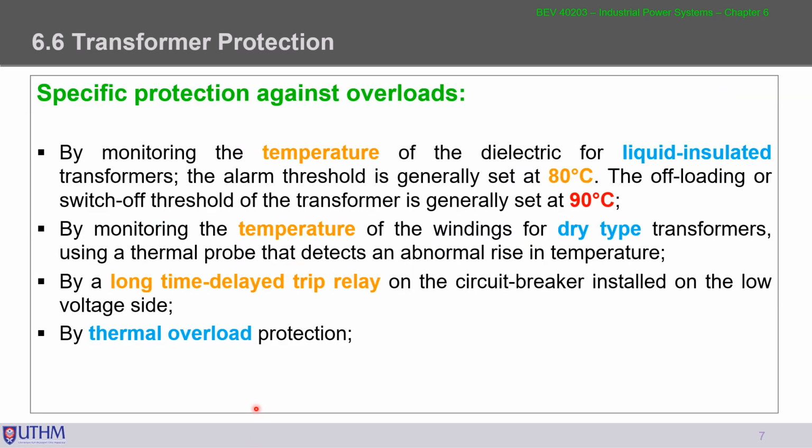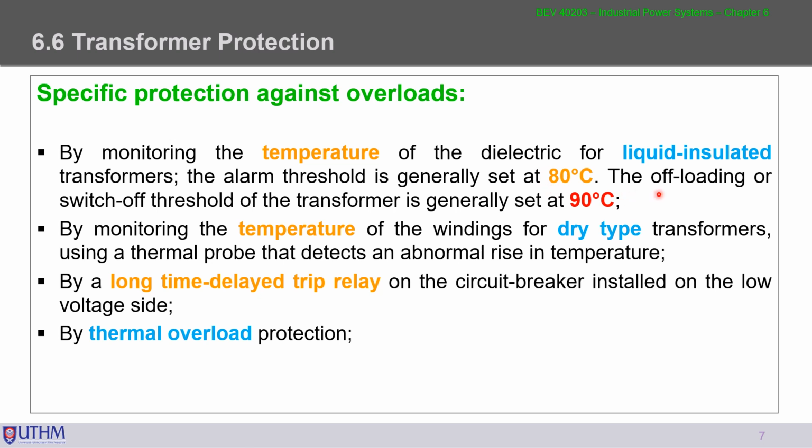Here is the specific protection against overloads of the transformer. First, we have to monitor the temperature of the dielectric for the liquid insulated transformer, and generally we set the threshold alarm temperature at 80 degrees Celsius for energization.